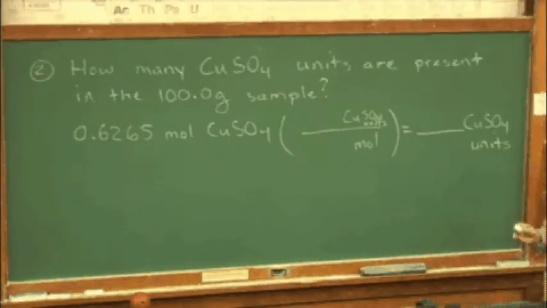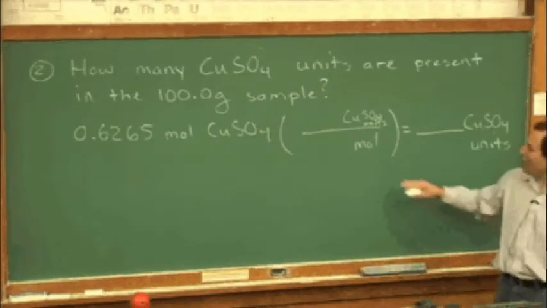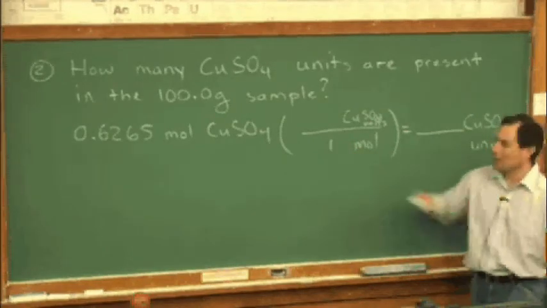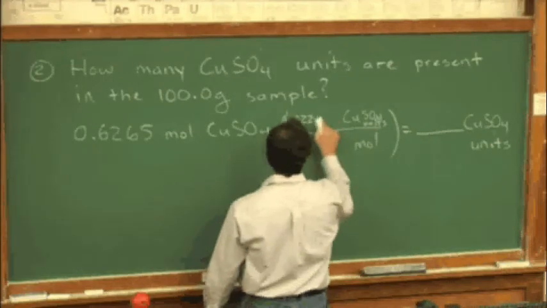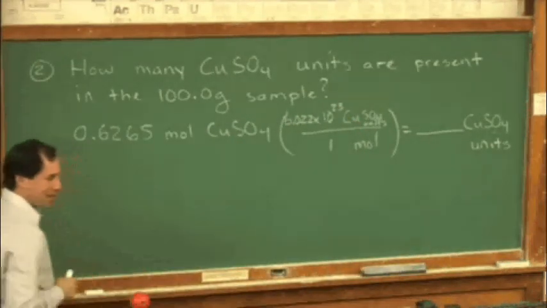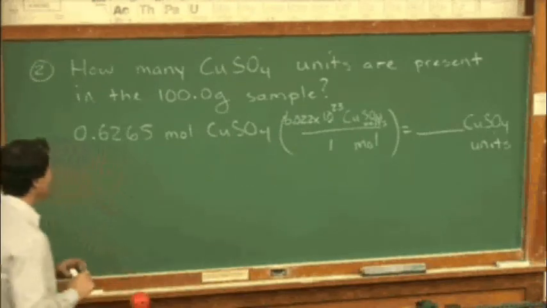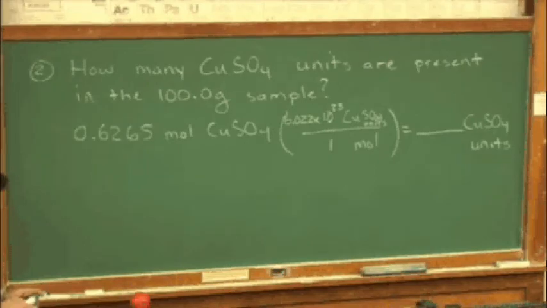So we're counting. It's the same thing as asking, hey, I've got so many eggs. How many dozen eggs? How many individual eggs? Well, the student has a 100 gram sample of copper sulfate. We calculated 0.6265 moles of copper sulfate, and now we're counting, saying 1 mole is 6.022 times 10 to the 23rd copper sulfate units. So on the calculator, 0.6265 times what's commonly called Avogadro's number.